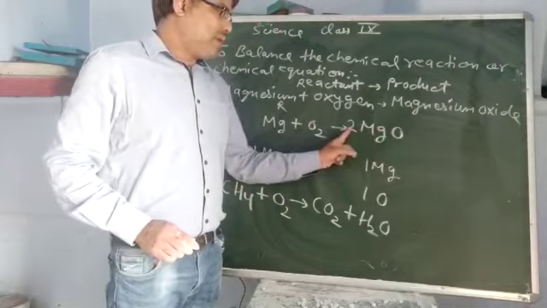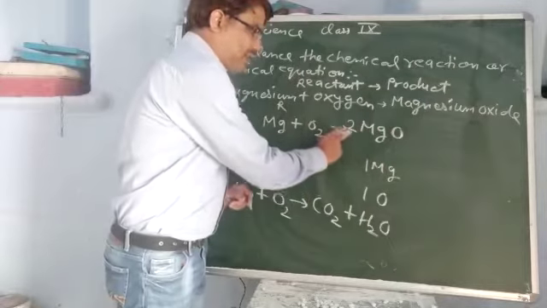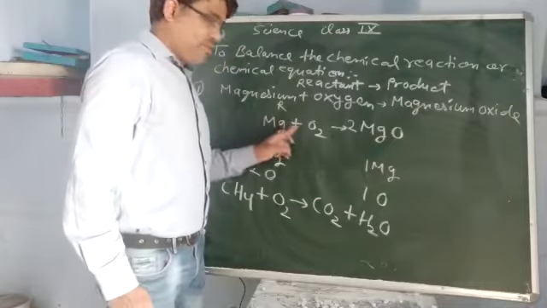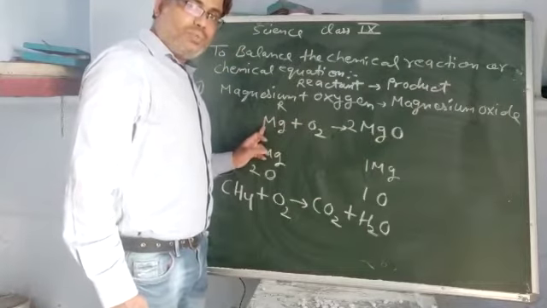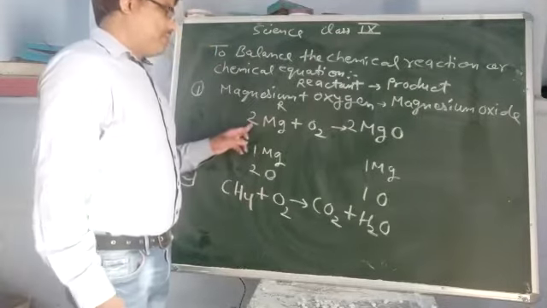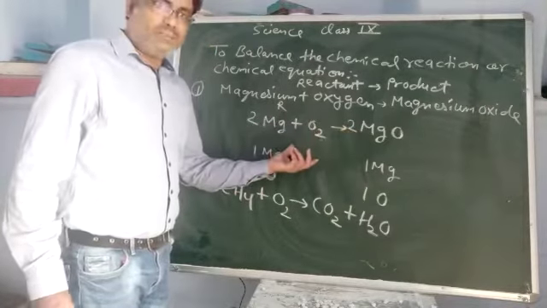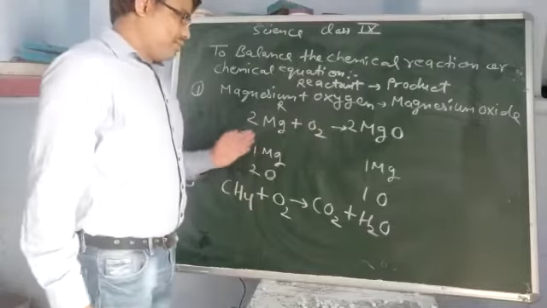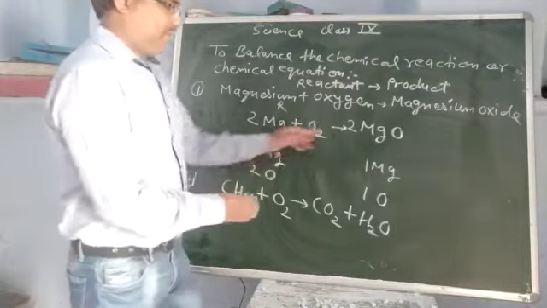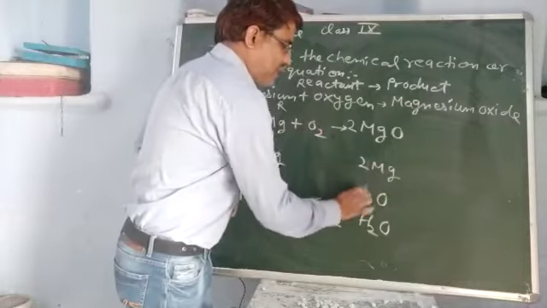When we multiply by 2, there are now 2 Mg and 2 oxygen, but on the other side we have only 2 oxygen and 1 magnesium atom. So we have to multiply Mg also by 2. Now you can see 2 Mg plus O2 gives 2 MgO. It is balanced, because on both sides there are 2 oxygen and 2 magnesium. So now it is a balanced chemical equation.